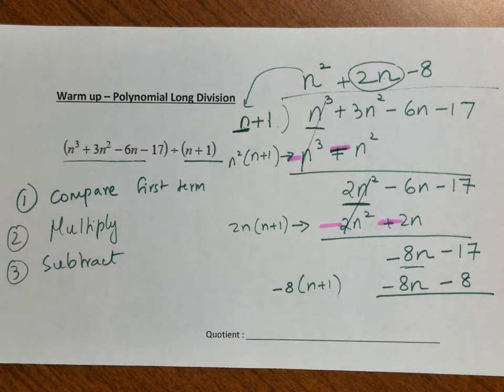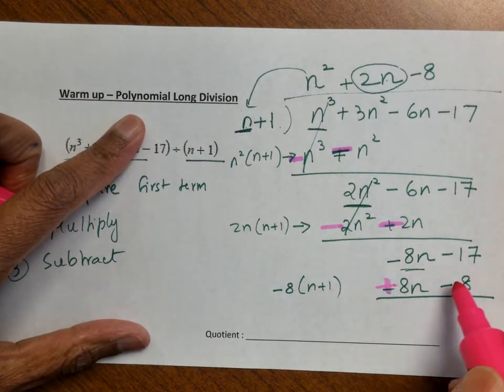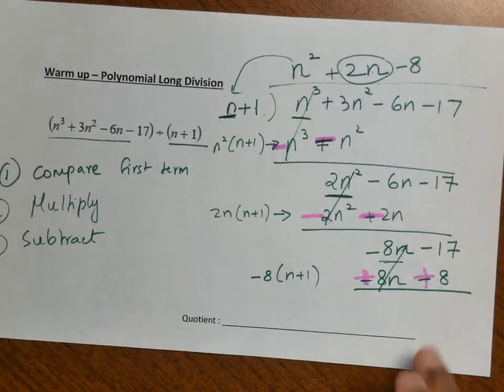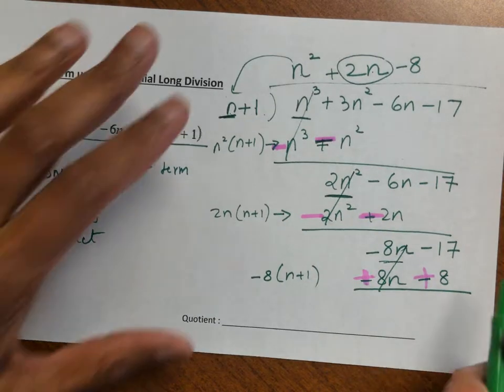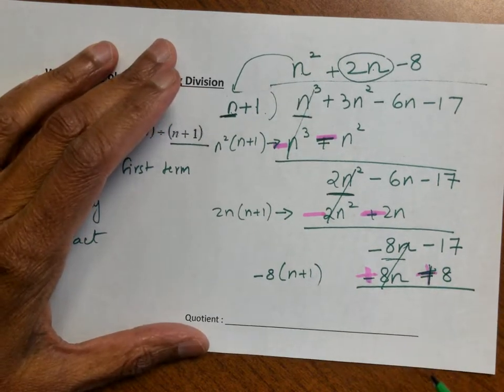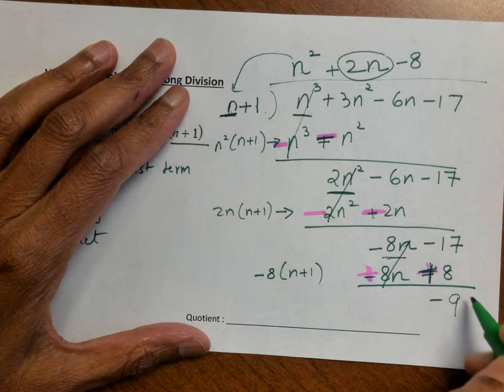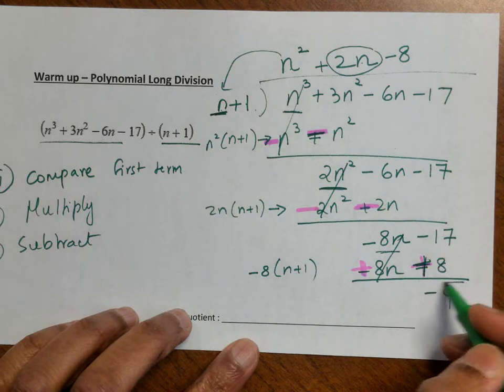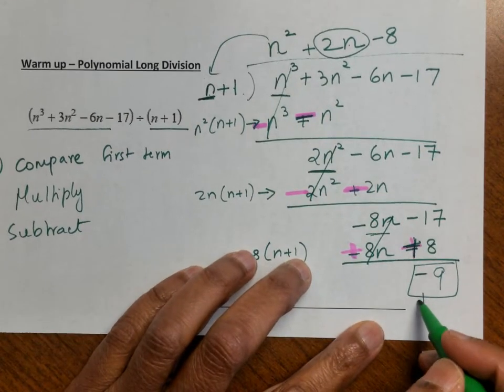Subtract basically means this becomes positive and this also becomes positive. So these two cancel out, and negative 17 plus 8 is negative 9. Now you can't do anything because the power of this is less than this, so you can't divide. So this is your remainder.